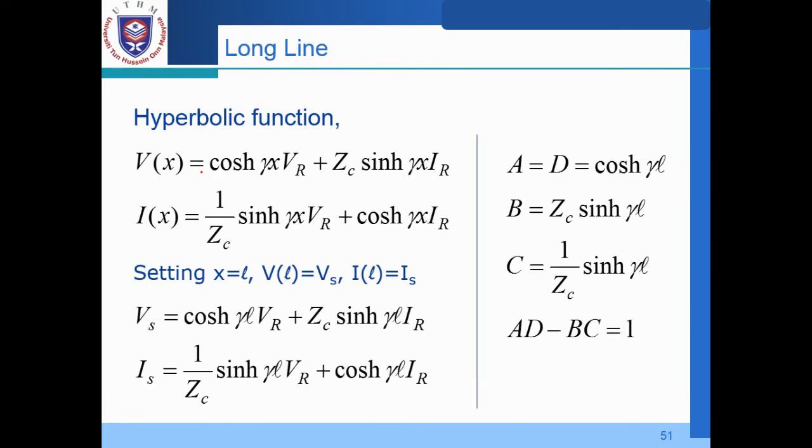And yes, we come to this hyperbolic function for the long line, making this analysis an easier approach. So the hyperbolic cos, the sine, cos, etc. Setting x equal to L, VL equals Vs, etc.